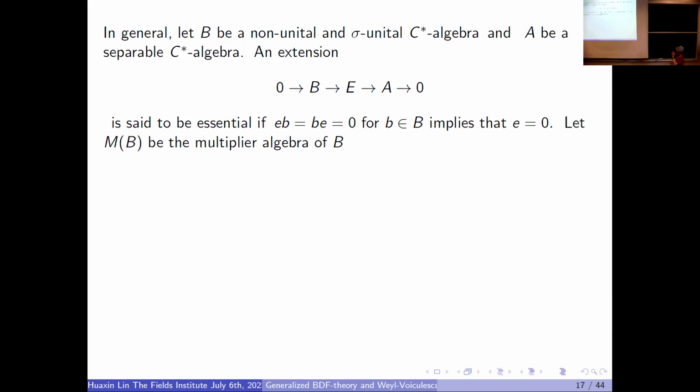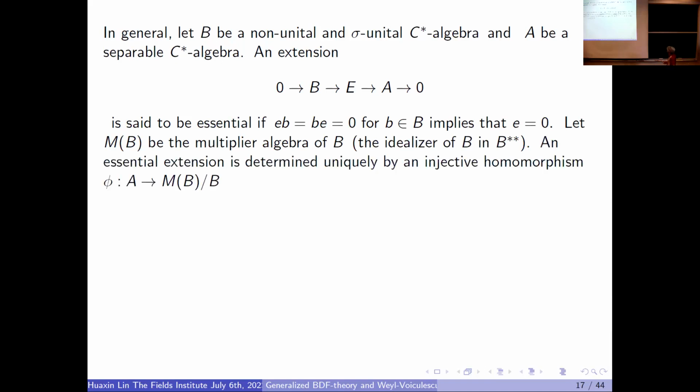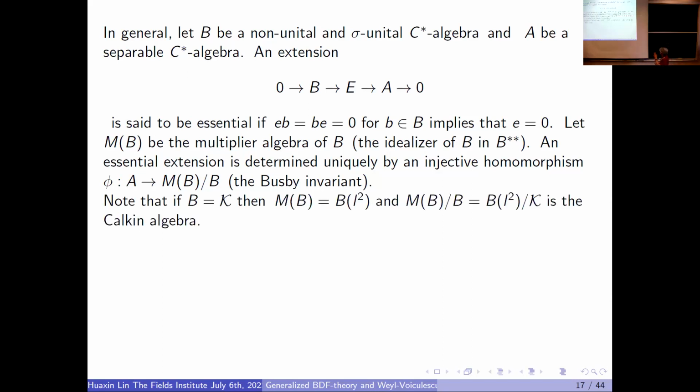So therefore we were talking about the multiplier algebra, M(B), with B an ideal of it. Essential extensions are determined uniquely by an injective homomorphism from A to the corona algebra, but again, this is just the Busby invariant. If B equals K, then of course the multiplier algebra will be just all the bounded operators, and the corona algebra is the Calkin algebra.